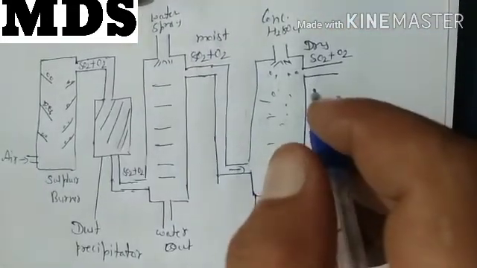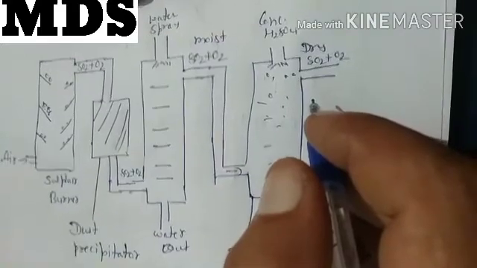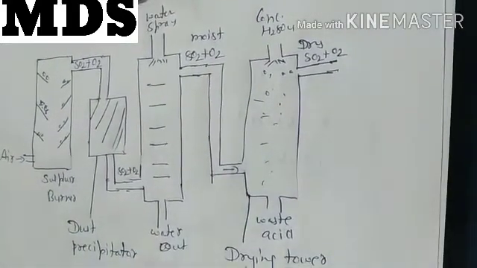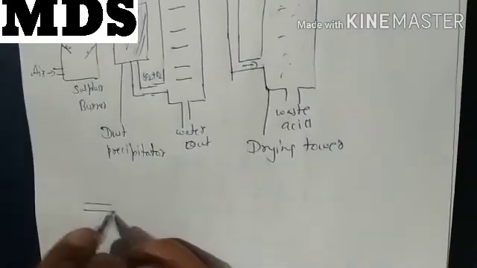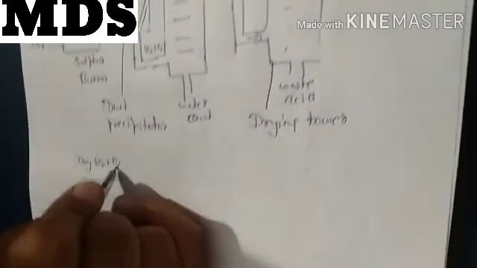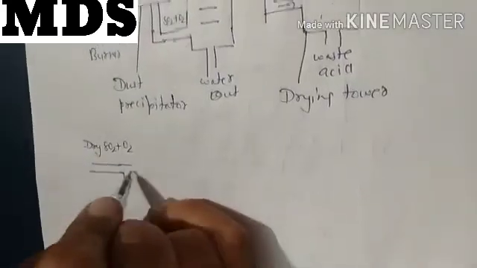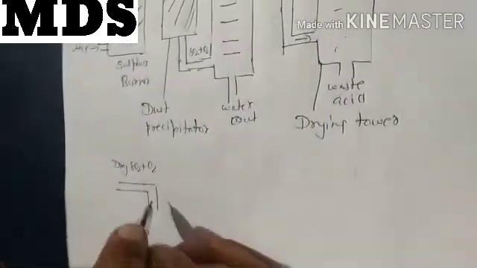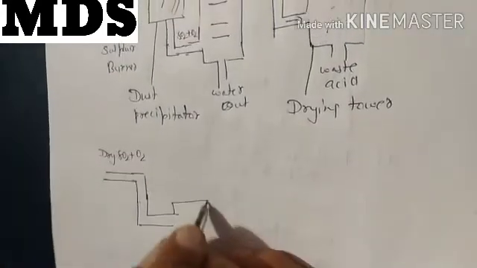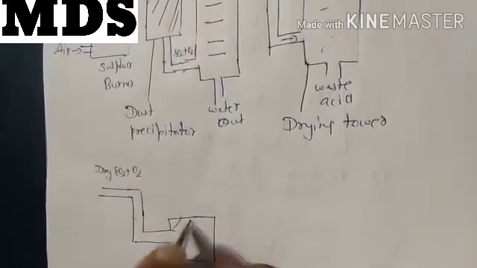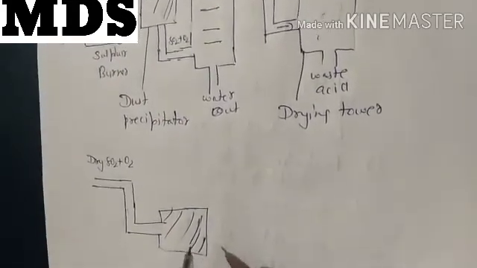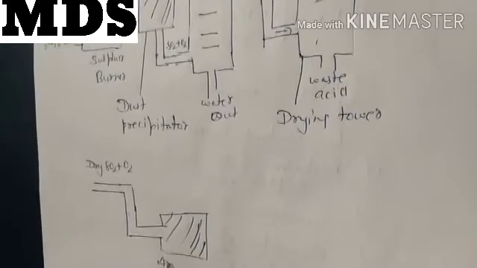Okay, then this dry SO2, and I am drawing this diagram further here. This dry SO2 plus O2 mixture is then passed to the arsenic purifier. Here you will get another chamber, because there are some impurities present in sulfur as well as in sulfide ore, particularly arsenic.